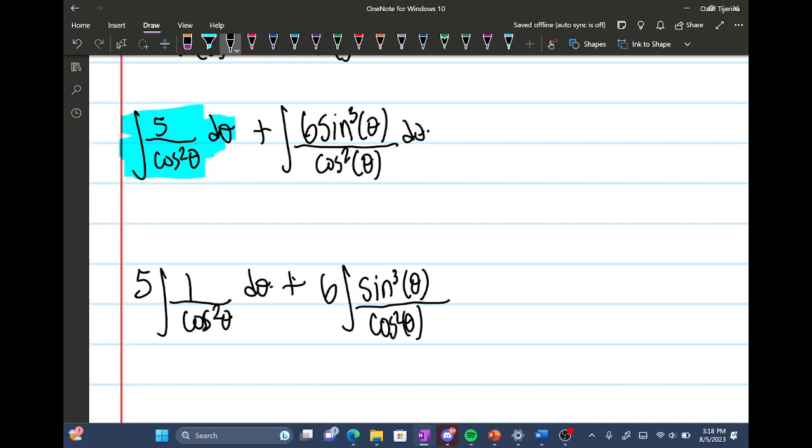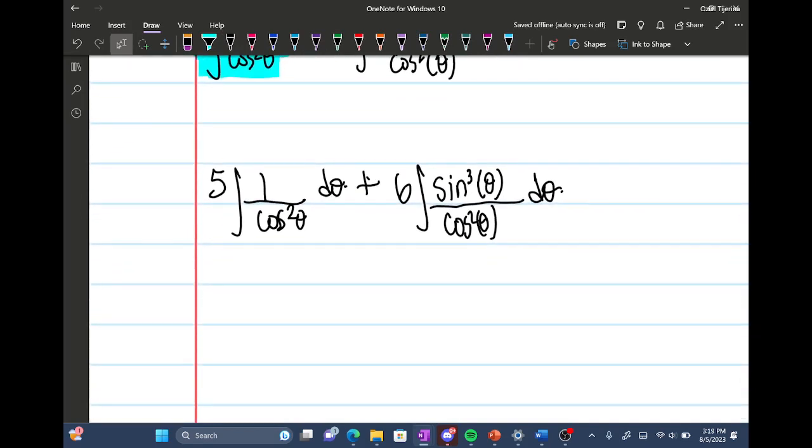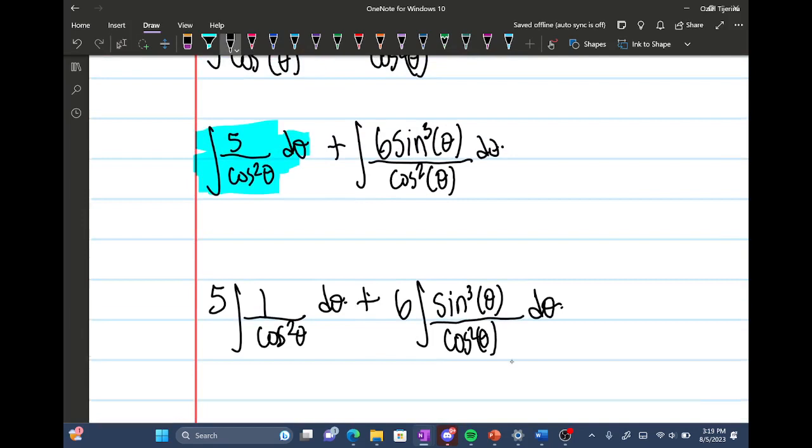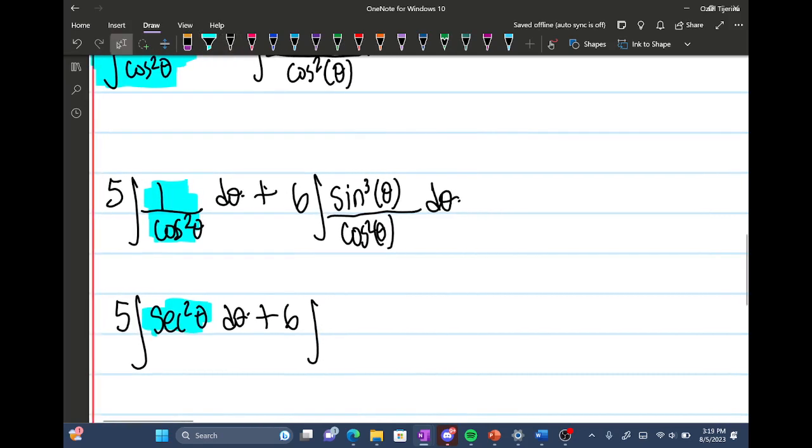We're putting d theta like this, right? And again we know that 1 over cosine squared theta is secant squared theta. So we have 5 times the integral of secant squared theta, that's the trig identity for that, plus 6 times the integral, and we're going to split this up.